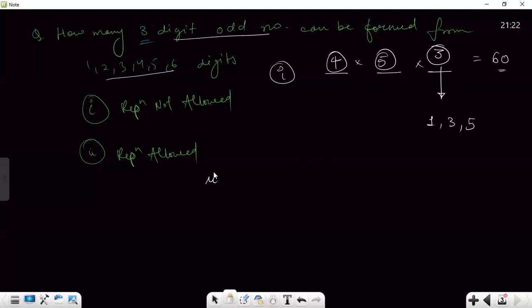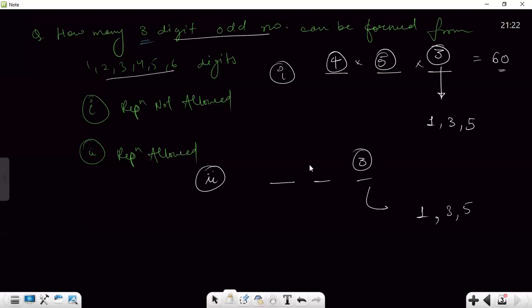So let's now discuss when we have to make a three-digit odd number out of the given 6 digits, and repetition is allowed. So the condition is applicable here also. The first place will be filled with an odd digit only, 1, 3, 5. So how many choices? 3 choices. How many choices for the second place, when we can repeat the digits?